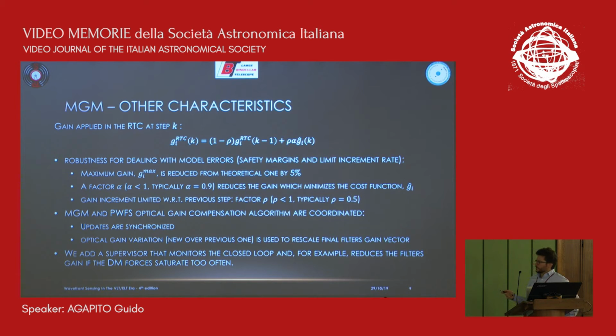Another important thing to say is that we coordinate this algorithm with the one that estimates the optical gain. So they are synchronized, and we take into account the optical gain variation, the estimation of the optical gain, and we rescale the final gain by this ratio.